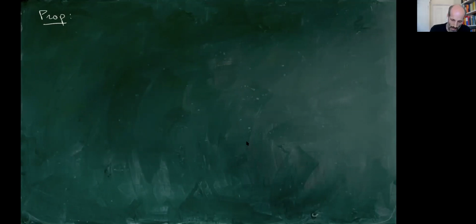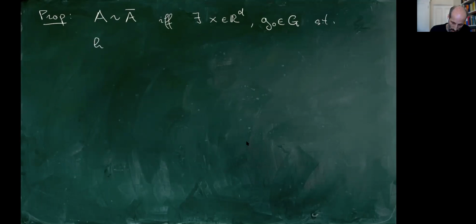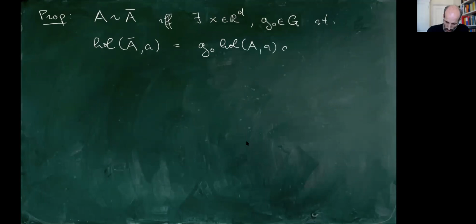It says that A and A bar are equivalent if and only if you can find a point x in R^d and an element g naught of your structure group such that the holonomy of A bar along a equals g naught times the holonomy of A along a times g naught inverse, for all loops a that are based at x. Based at x just means that it starts at x and it ends at x.